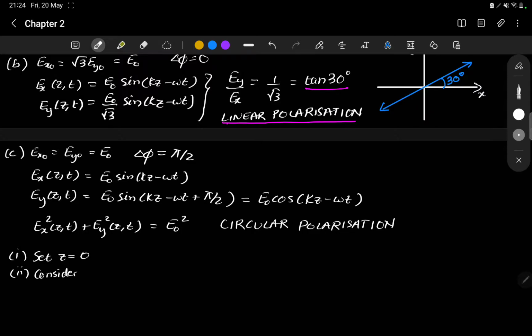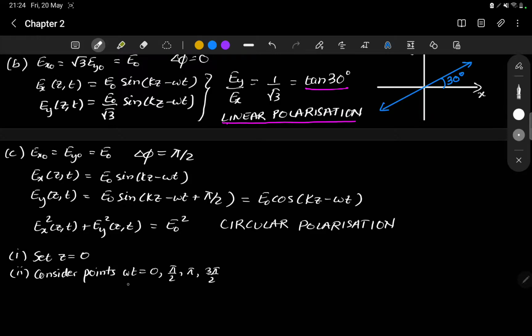this is just some steps that you can do. This is just to check whether the handedness is right-handed or left-handed. Then we can consider points omega t equal to 0, pi by 2, pi, 3 pi by 2.